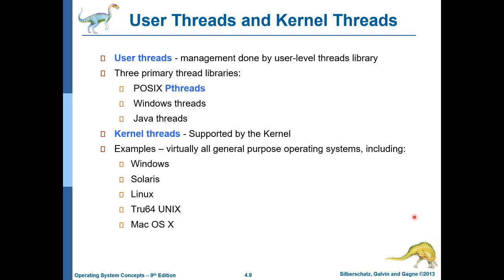These threads are at the operating system level, not at the hardware level, but at the software level inside the operating system. Now we have either a user level threads library, which manages the user threads, and normally the famous ones are the POSIX Pthreads library, the Windows threads library, or the third one, Java threads.